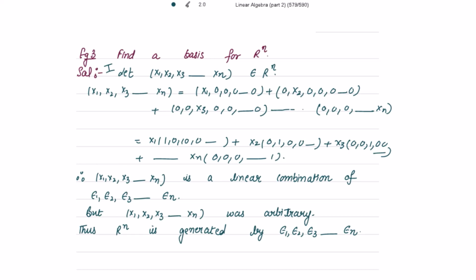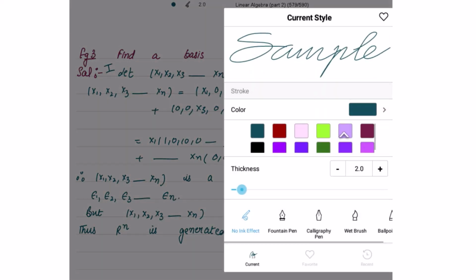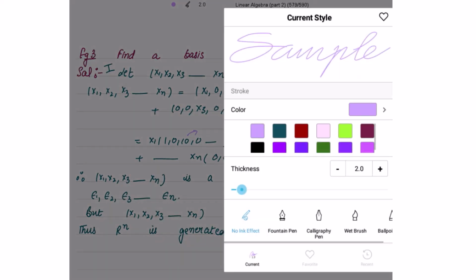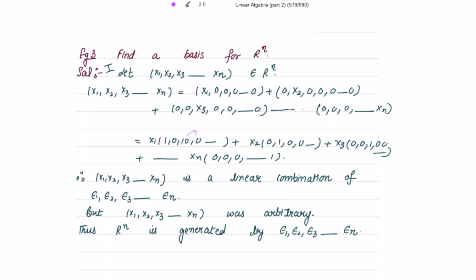Let me call the first one epsilon 1, this one epsilon 2, this one epsilon 3, and this one epsilon n.